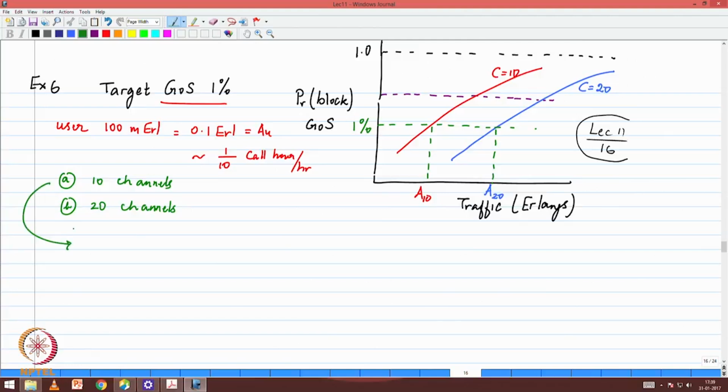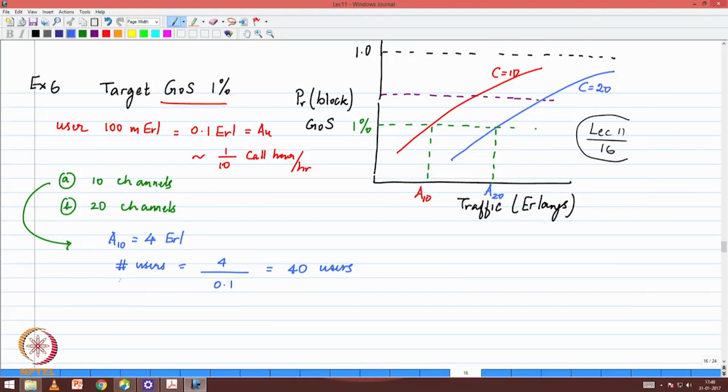So for this case, A10 corresponds to 4 Erlangs, with 10 channels and a blocking probability of 1%. The number of users I can support will be 4 Erlangs divided by 0.1 Erlangs per user, so we can support a total of 40 users in the system.